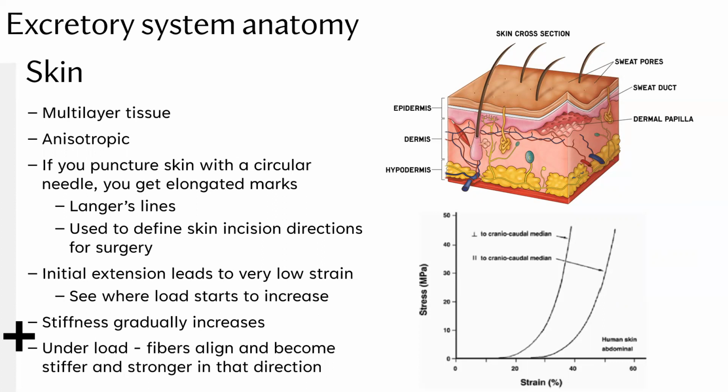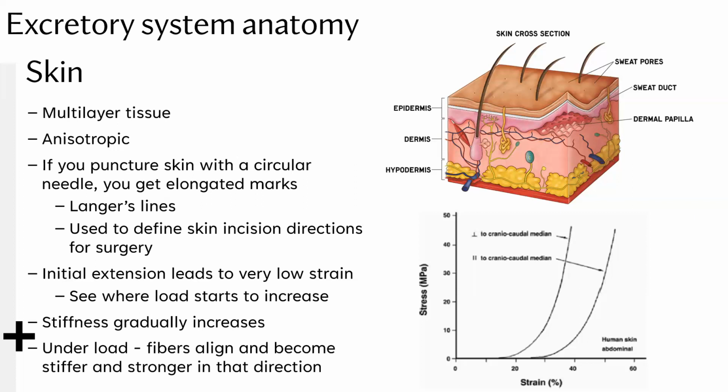So if you stretch skin laterally versus if you try and pull it apart orthogonal to these layers, you'll see different mechanical properties. As I mentioned, this anisotropy also is present in terms of the active tensile stresses in the skin.